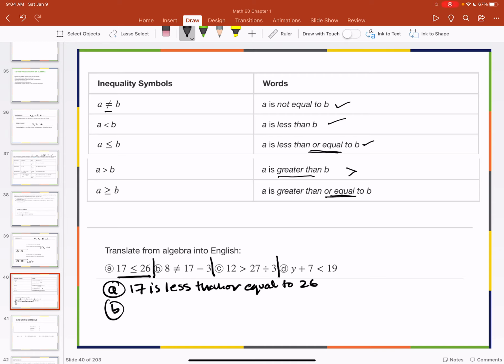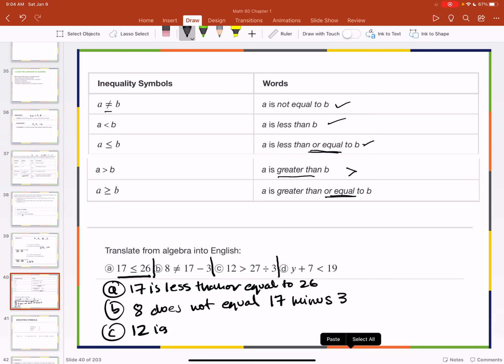Okay. So for B, we have 8 does not equal the difference of 17 and 3, or you can just say 17 minus 3. Okay, and then for C, we have 12 is greater than the quotient, or 27 divided by 3.